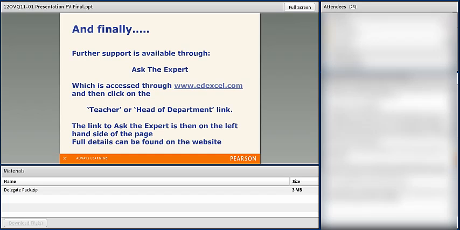Sam, in order to get 10 to 12 marks, the learner would need to make more reference to organisational policies, industry codes of conduct, etc. I'm not sure which element you're referring to there, Sam.